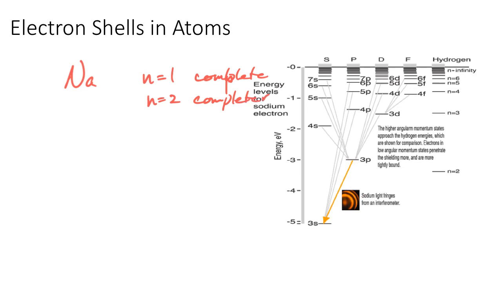And then it has 1 in the 3 state, and so its lowest energy is in the S state. But the 3p state is higher, and 3d state is higher even than that.